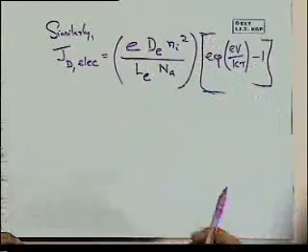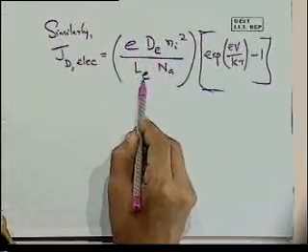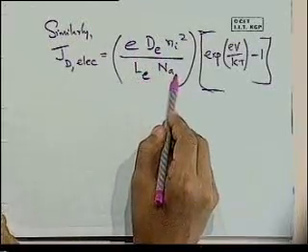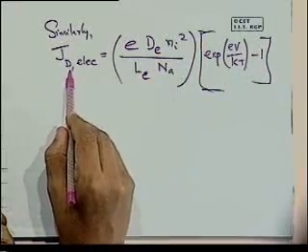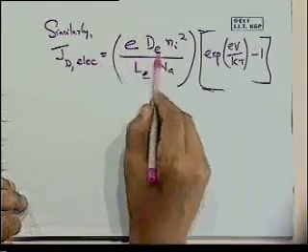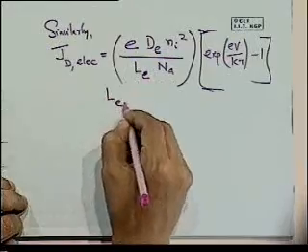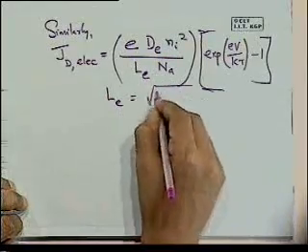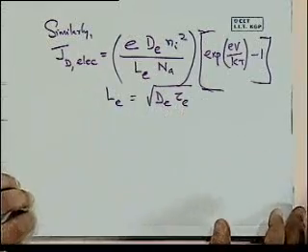In the case of the hole, we had J_D hole equal to e D_H n_i squared by L_H N_D, and then the rest of that term was the same. For the electron, the diffusion current density is e D_E n_i squared by L_E N_A, where L_E is again given by root D_E tau_E, the same as for the hole.